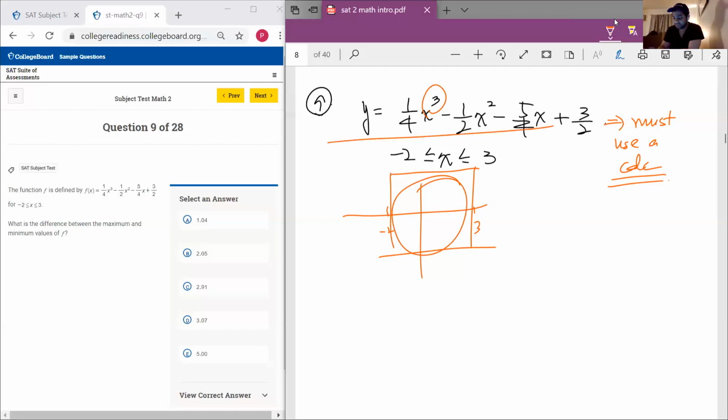So I would just graph it. Let's see if we can. I'm trying to pull it up. Okay, window.